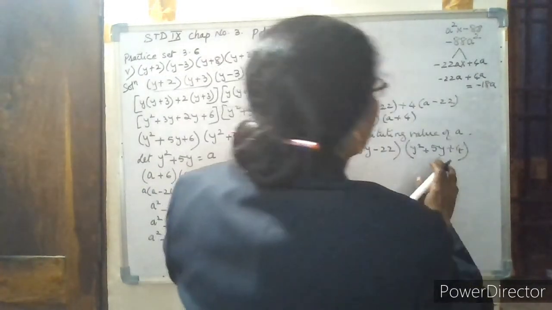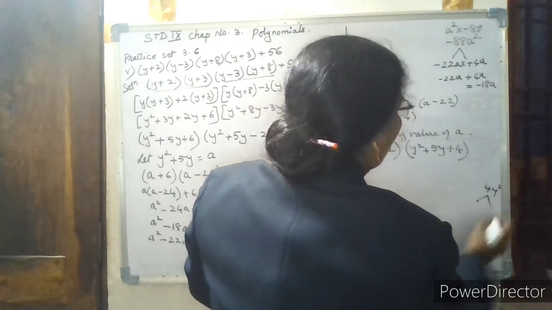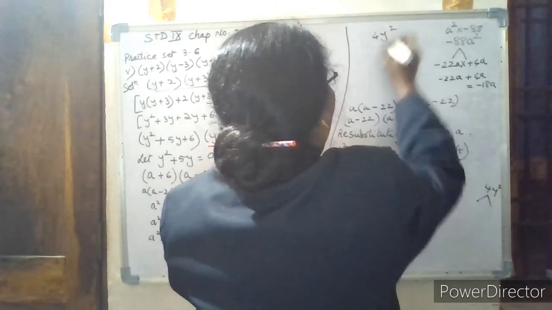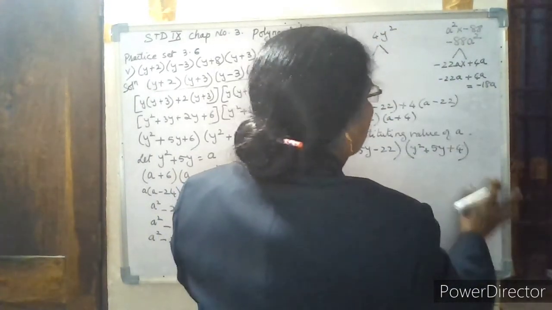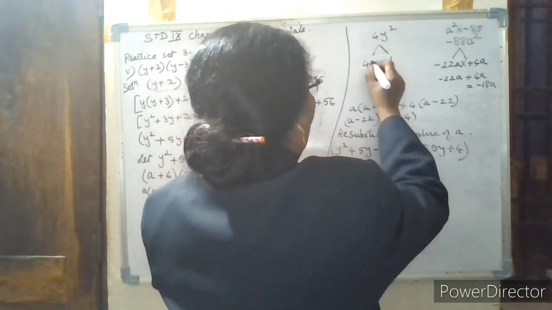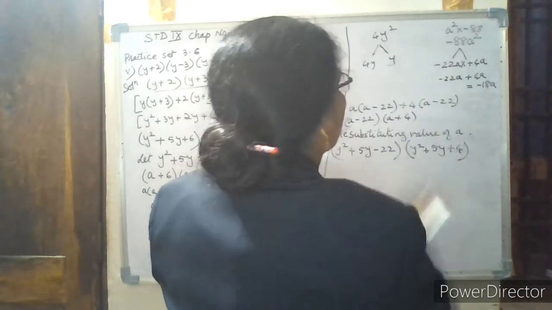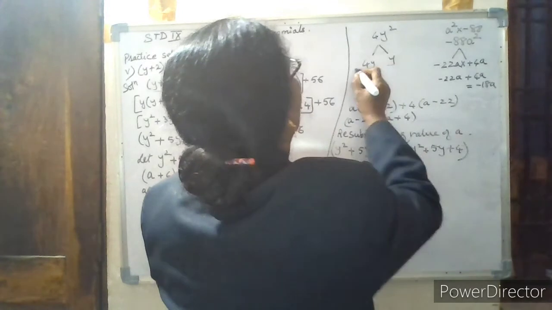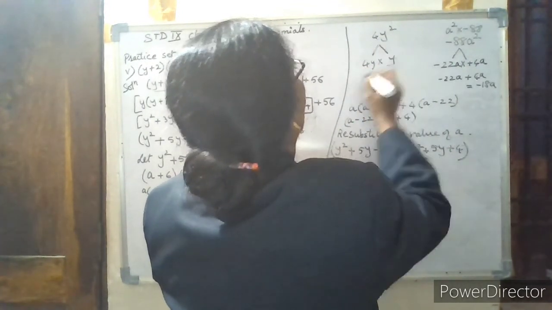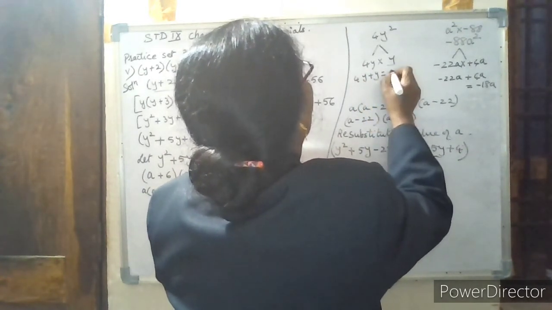Now let us come to this one, y squared plus 5y plus 4. 4 can be split as 4 ones are 4, and the middle term is plus, so plus 4y and plus y gives plus 5y.